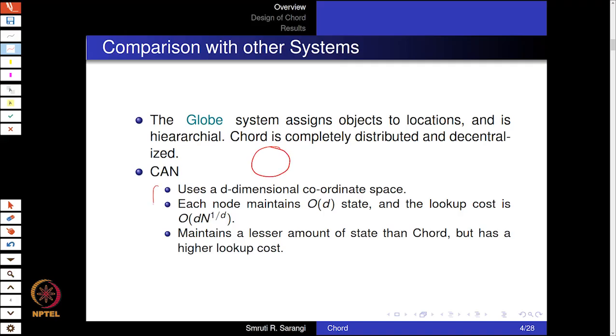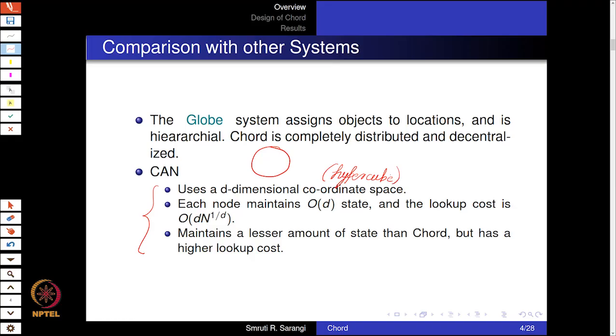Alternatively, you can use CAN. CAN uses a d-dimensional coordinate space. Instead of a circle, it uses a d-dimensional coordinate space that's basically a hypercube, right? A square, a cube, and a hypercube. If you don't know what a hypercube is, this is the right time for you to take a look.